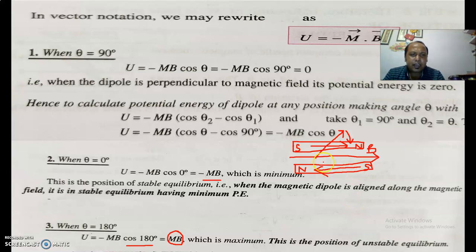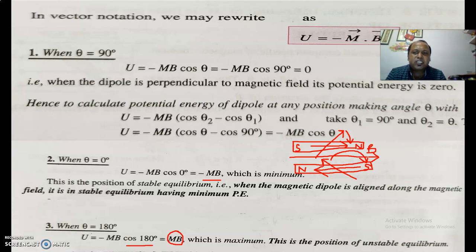And if we displace its orientation, it will never go back to its original position where it is in the unstable equilibrium, but it will come to the stable equilibrium position only. So you can see that it is stable equilibrium because it has a minimum potential energy, and if we displace the orientation, then it will regain its stable equilibrium position.